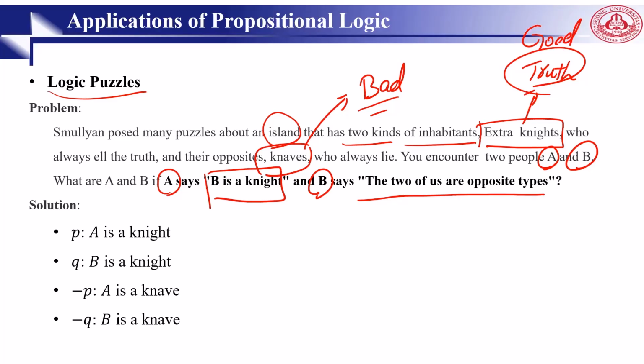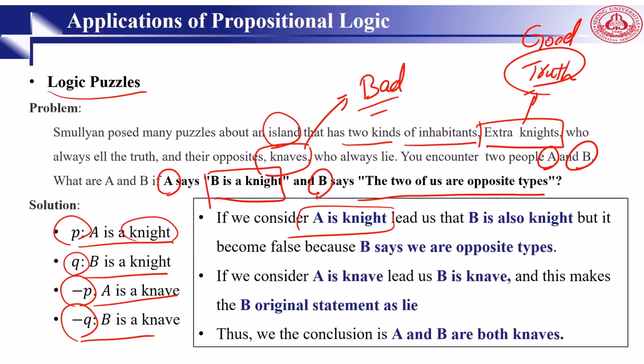We first analyze. We consider P as A is a knight and Q as B is a knight. So not P means A is a knave, and not Q means B is a knave. We first consider the statement that P is true.